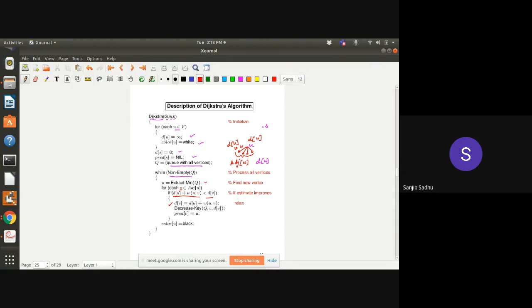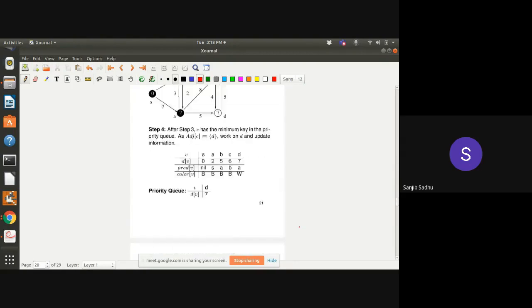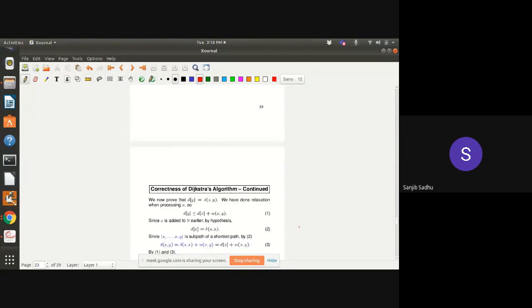And for each v adjacent to u, that means even vertex u has e number of adjacent edges, for those many edges you have to do these operations. Extract minimum takes big O of log n. So these are the main steps. So check the time complexity part.